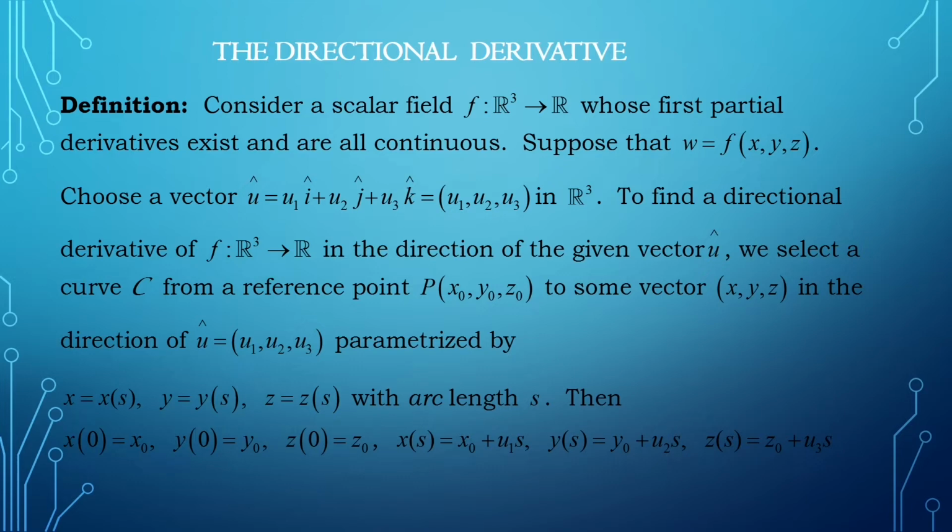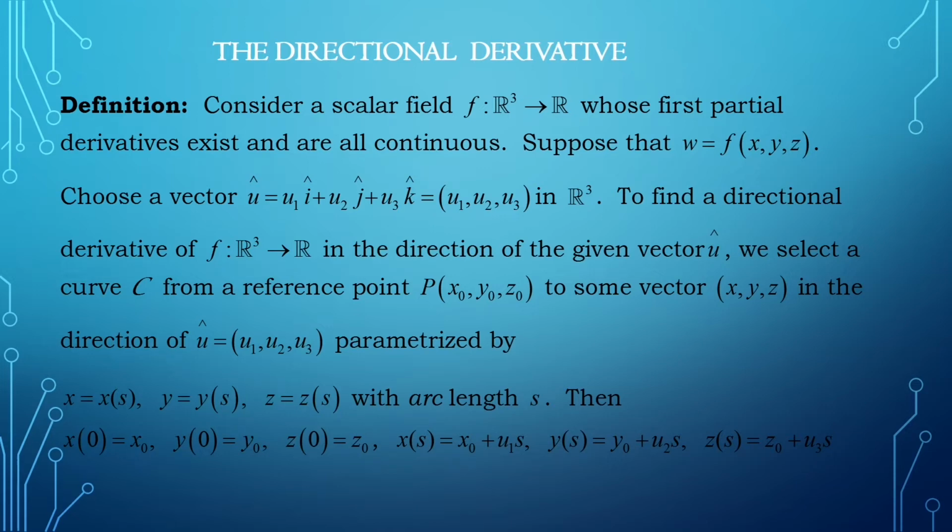Now let us draw a curve C from this reference or initial point, say P, x naught comma y naught comma z naught, to some other point x comma y comma z in the 3D space. The direction must be in the direction of our prescribed vector u cap. Now, the curve is parameterized by using a parameter s.